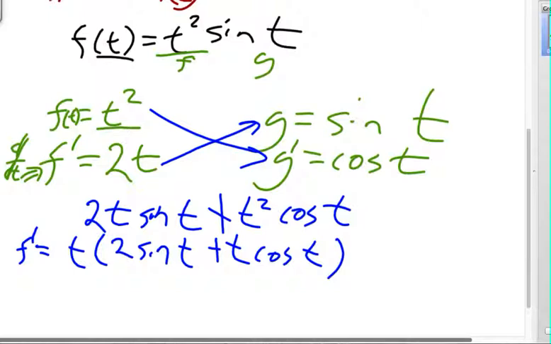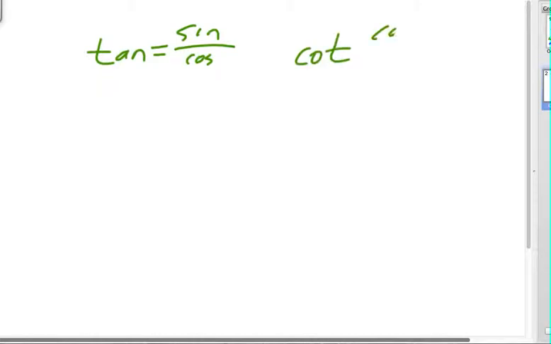Now the other thing, and you may not necessarily think this is true, let's go back and review a little bit of your trigs, specifically your reciprocals. If you remember, tangent is sine over cosine. Cotangent was 1 over tangent, so it will be cosine over sine.